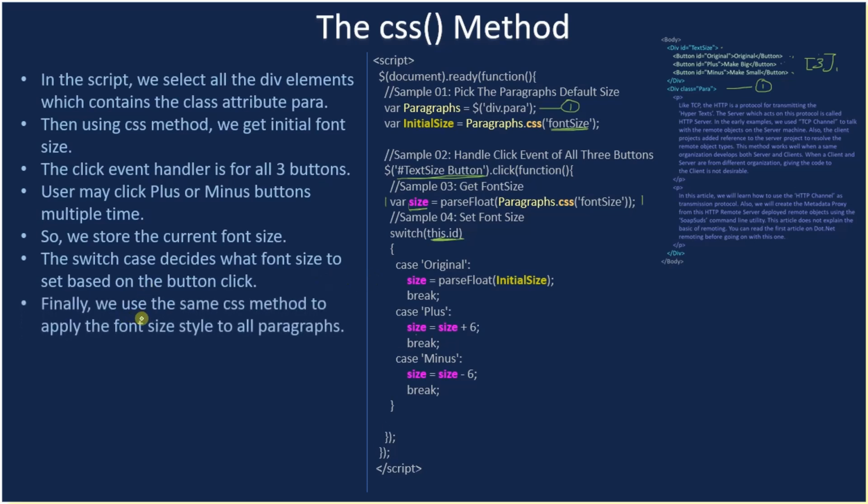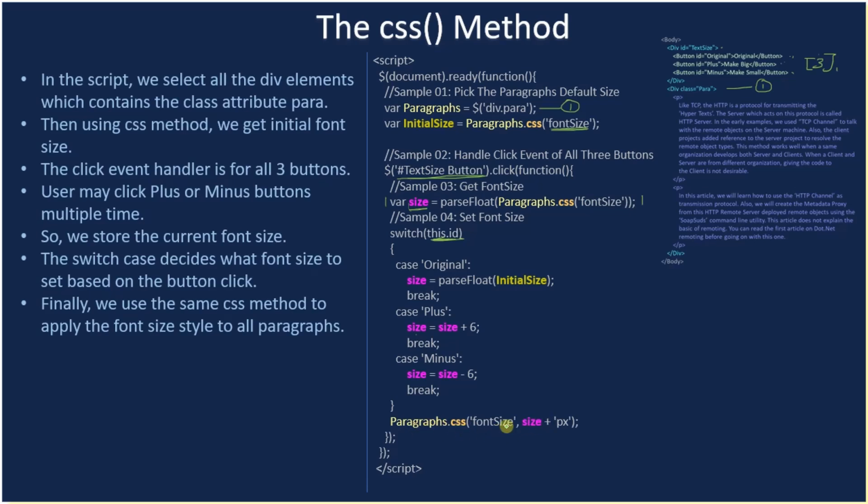Finally, we use the same CSS method to apply the font size style to all paragraphs contained inside the div tag, right? So paragraph.css, here we already retrieved the paragraph, that means the parent div we retrieved, parentDiv.css.